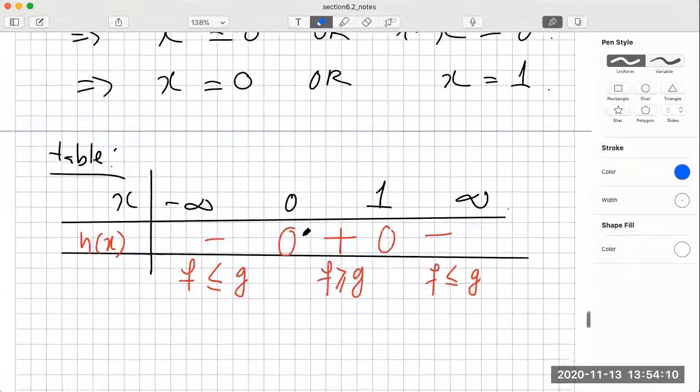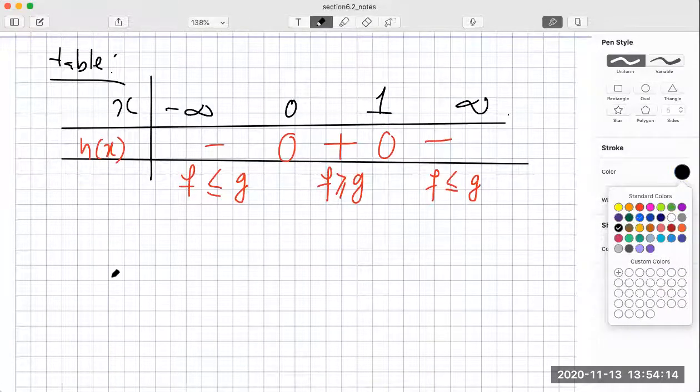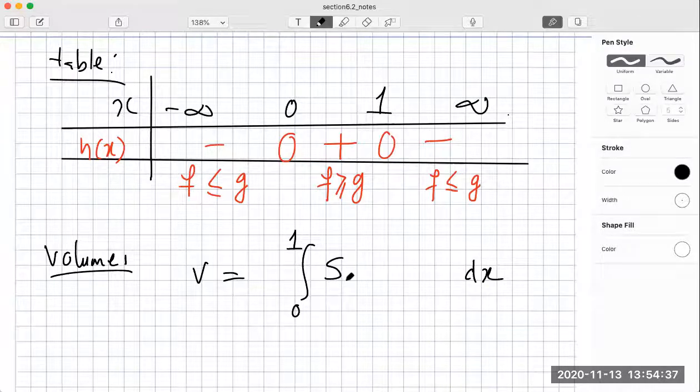So the volume will be the integral from the lower bound 0 to 1, with respect to the x coordinate, of the difference of the outer and inner area.